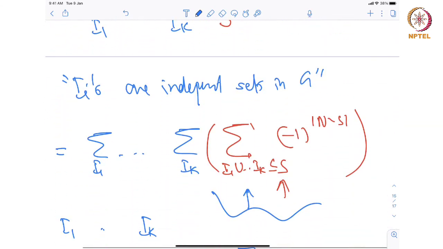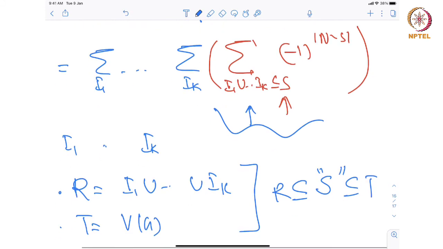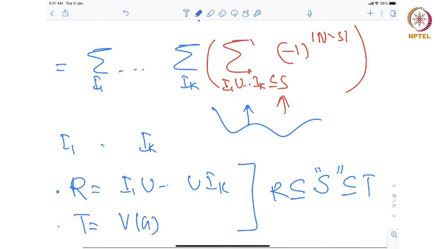So now what have we learned? Look at this inner sum. Any covering by k independent sets that is not equal to the vertex set of G is counted an equal number of times with a negative sign and with a positive sign, and hence contributes 0.